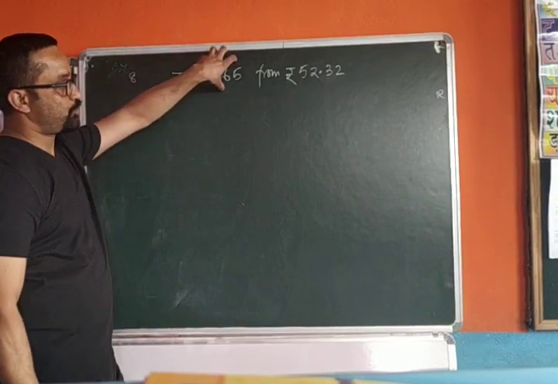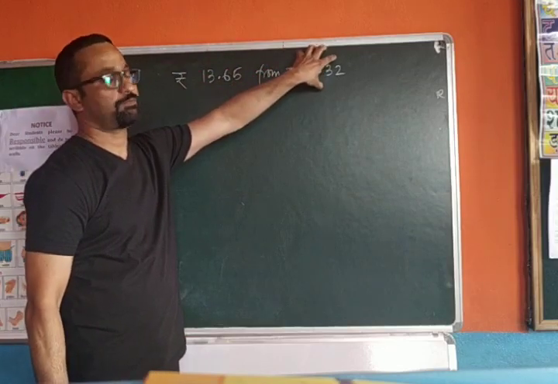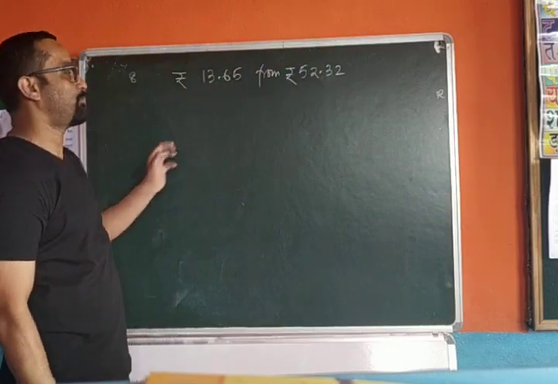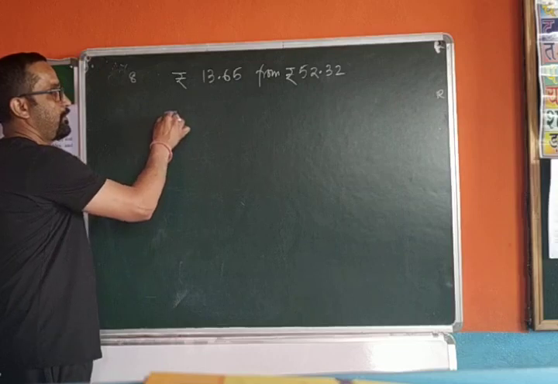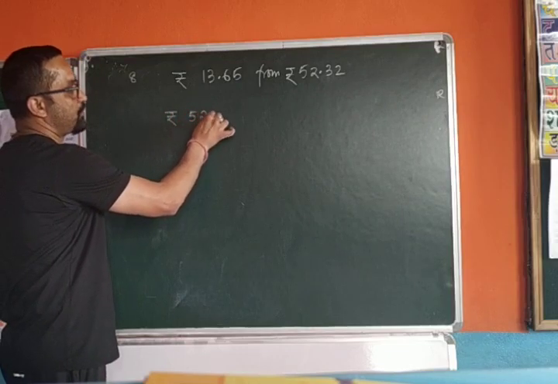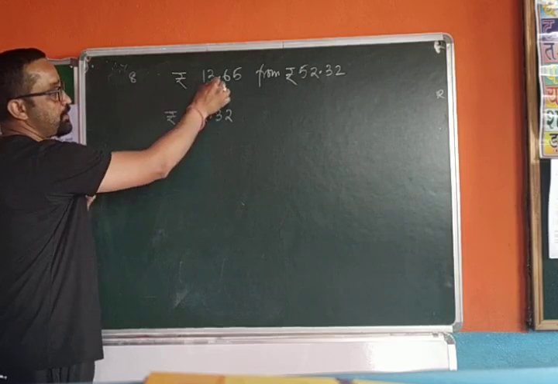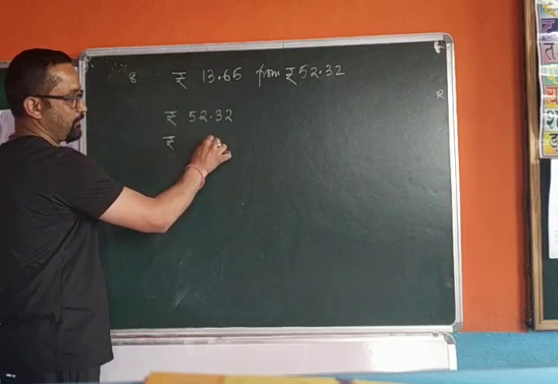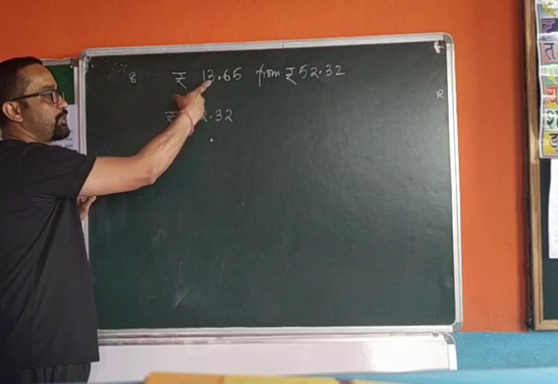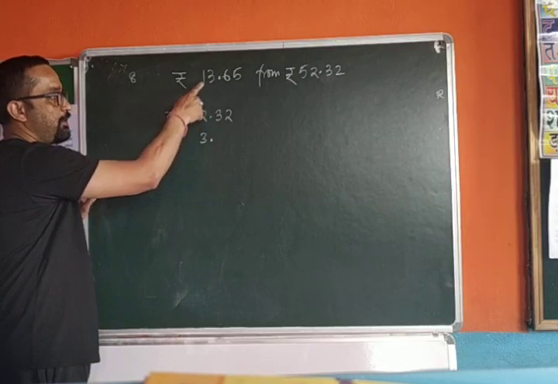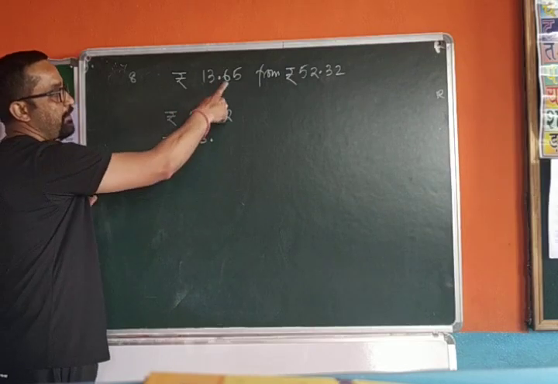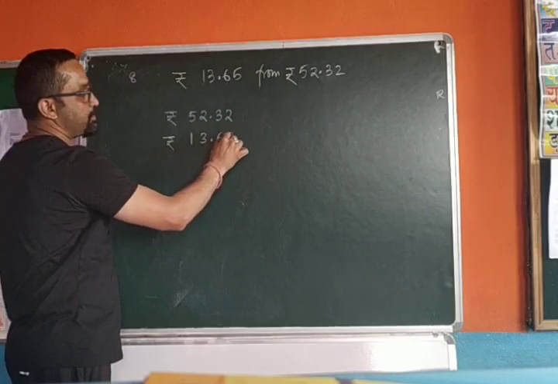This value needs to be subtracted from here. So this one has to be written at the top. Rupees 52.32. Again you write rupees, put decimal. Then follow the order. You have 3. So write 3 first. Then you write 1. Then you proceed at the side, 6, 2.